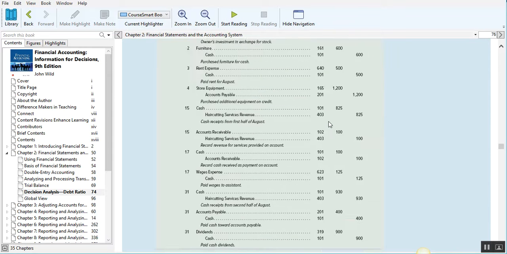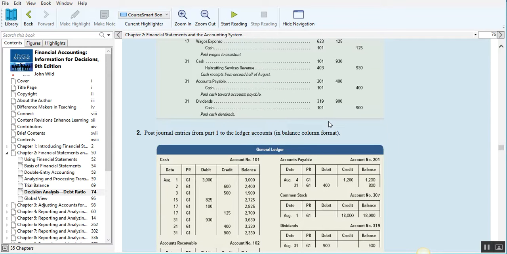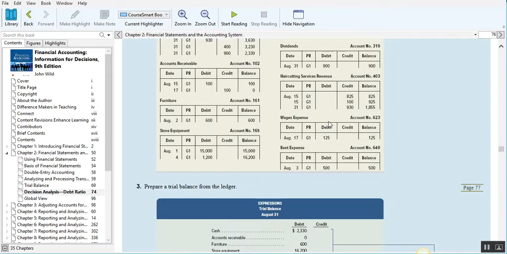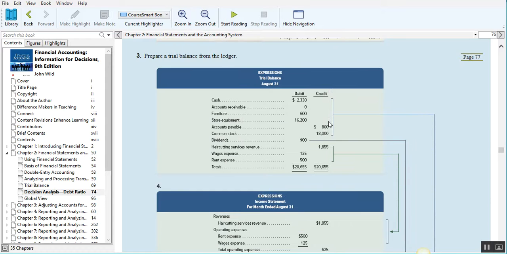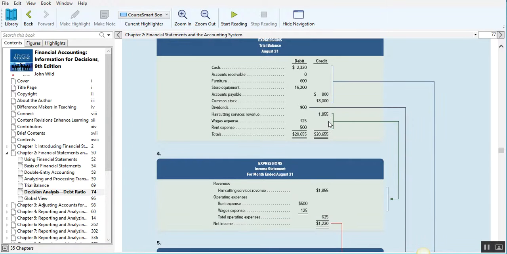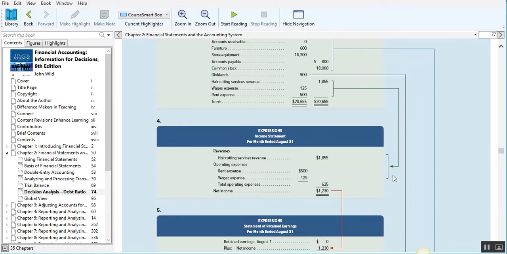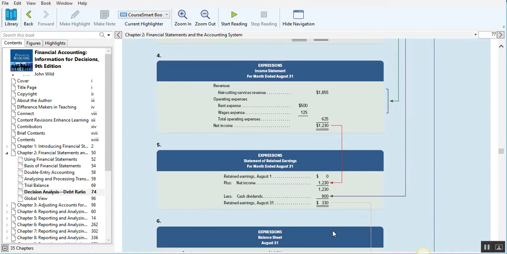You can see the solution here, the journal entries, the posting into the ledgers, and then finally the trial balance here. What is useful about this diagram is the way that it traces from the trial balance into the financial statements. So you can see where the numbers come from in the trial balance and go to in the income statement, which is then used for the retained earnings statement.